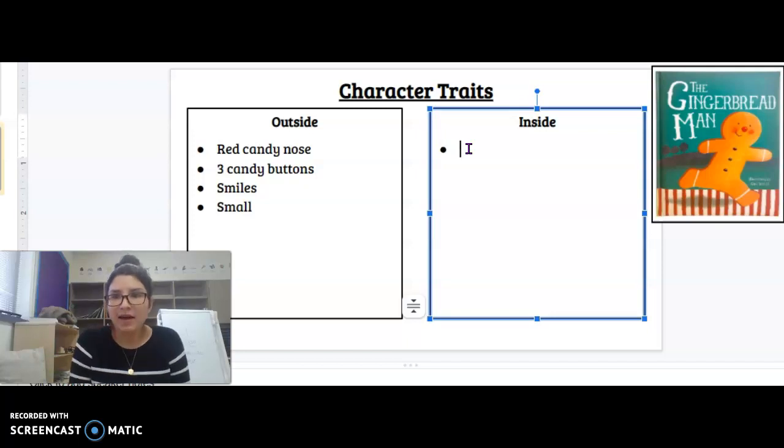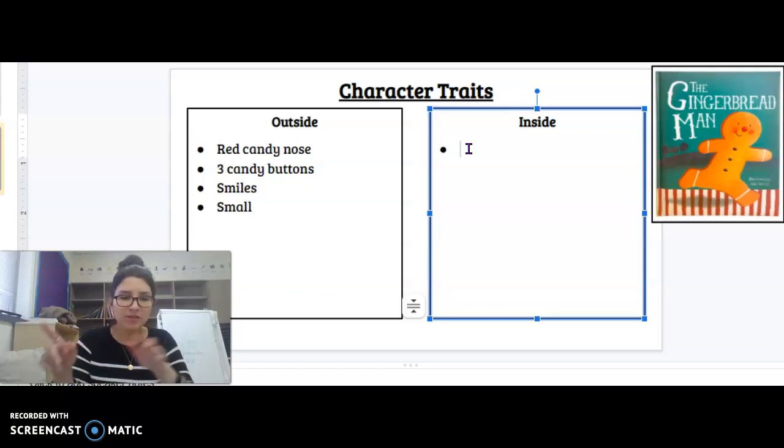So let's think back to the Gingerbread Man. Yesterday's story. How did the Gingerbread Man behave? Give you a moment to think about it. Okay, so one thing that pops in my head is he's kind of funny, right?